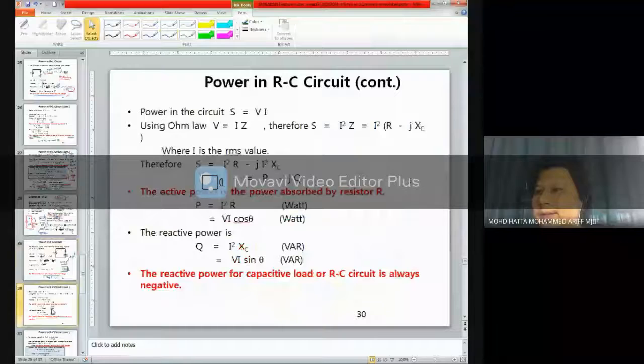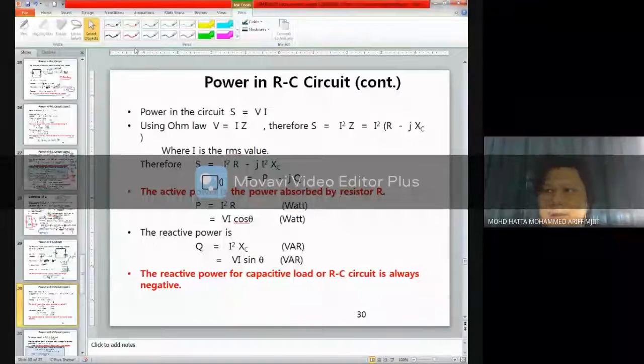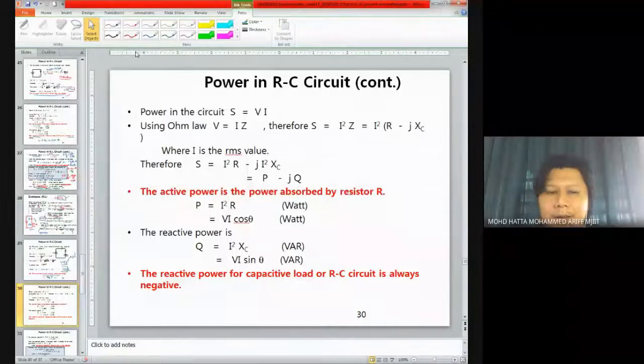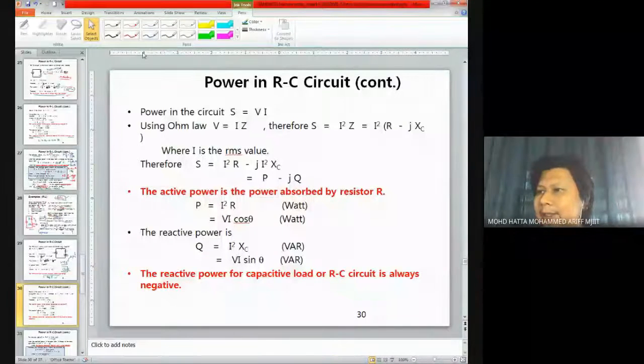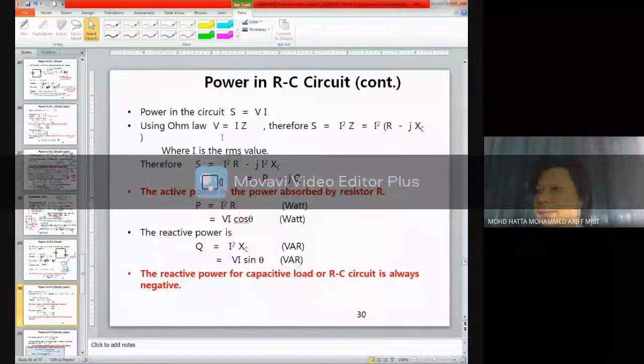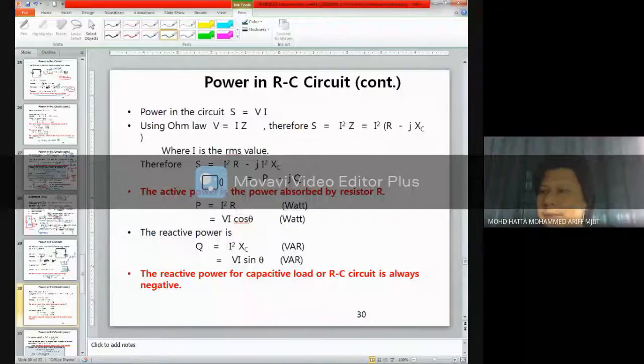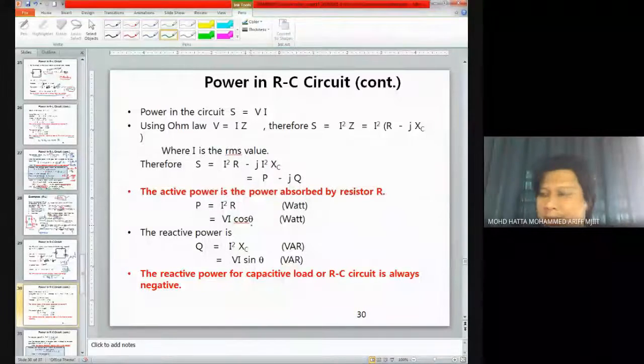All right, now we are focusing on the power. What we did earlier is we try to find the current, and the current should always lead the voltage by a certain degree, depends on the load. And for the power here, we will use the same equation that we found earlier in the lesson.